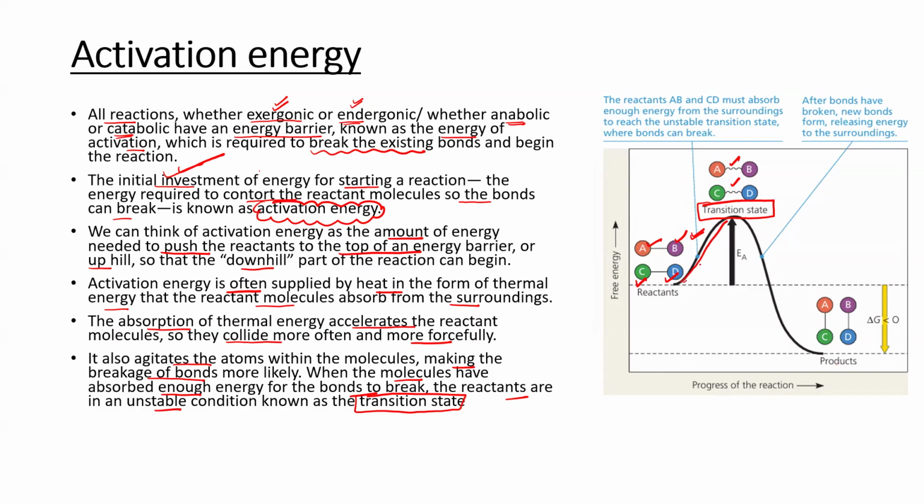This much energy which we have to send uphill to convert the reactant to the transition state is known as activation energy. So the existing bond breaks and then the product formation goes on. Is it clear, beta? So this is activation energy.